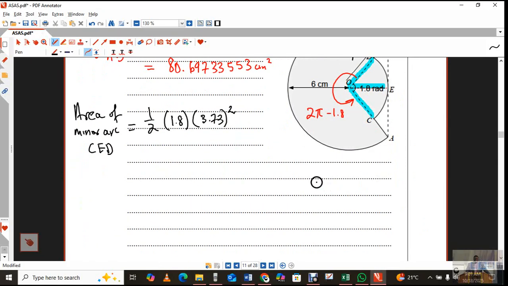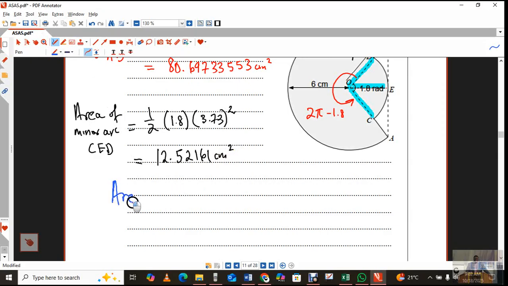Good. Now let's just see what that is equal to. When you punch this in, you're going to get 12.52161, obviously square centimeters. So now we can calculate the area of the shaded part just by adding those two.